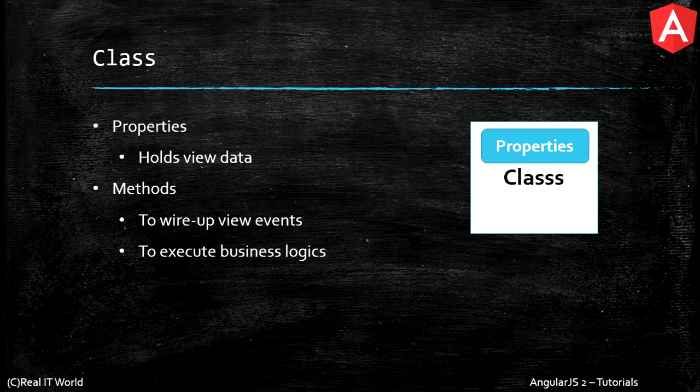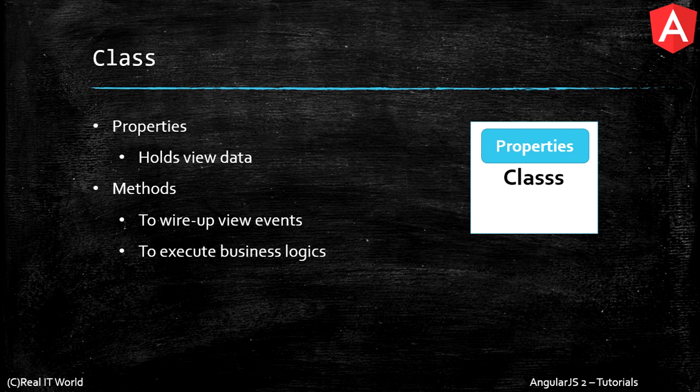Then methods. Why do we need methods? To wire up view events. Inside your view in our HTML template, we can have multiple controls like buttons, radio buttons, text boxes and so on. If you want to execute some business logic on a button click, we need to wire up a business logic method to that button click.